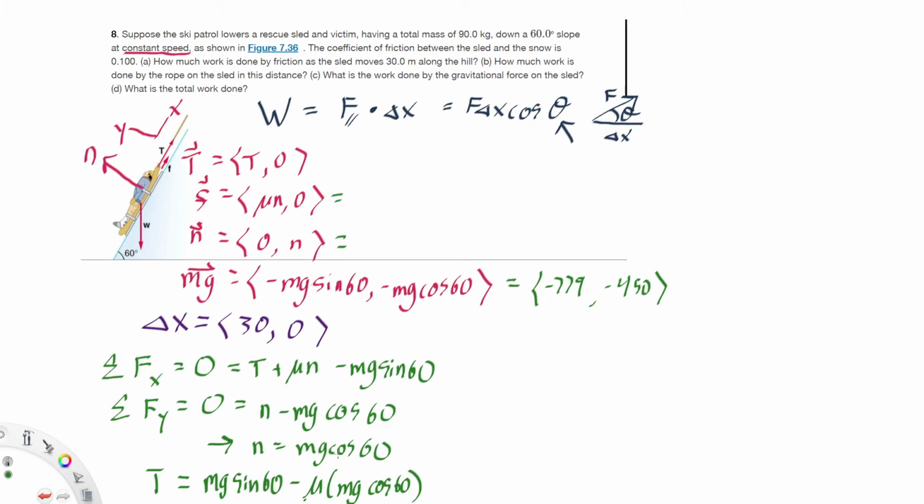Normal force is equal to mg cosine 60, so that's going to be 0 in the x direction and 450 in the y direction. The coefficient of friction is 0.1, so 0.1 times 450 is 45. And then the tension is mg sine 60, which is 779, minus the frictional force. That's going to be 734.